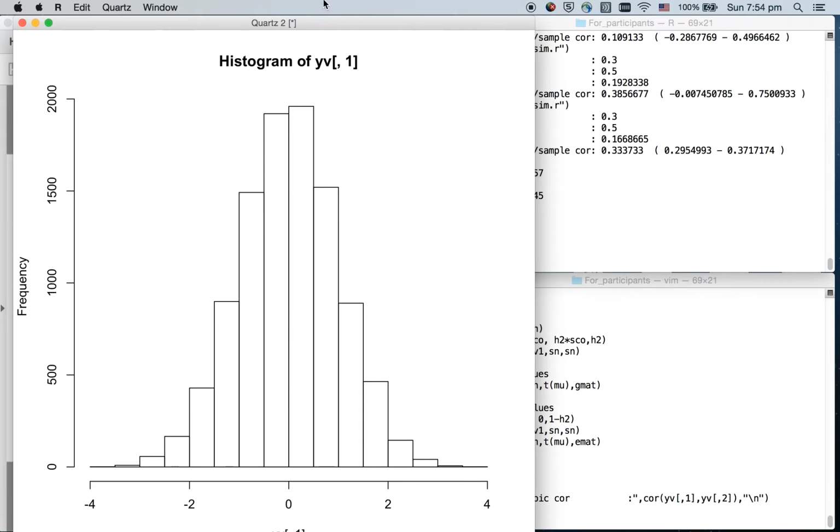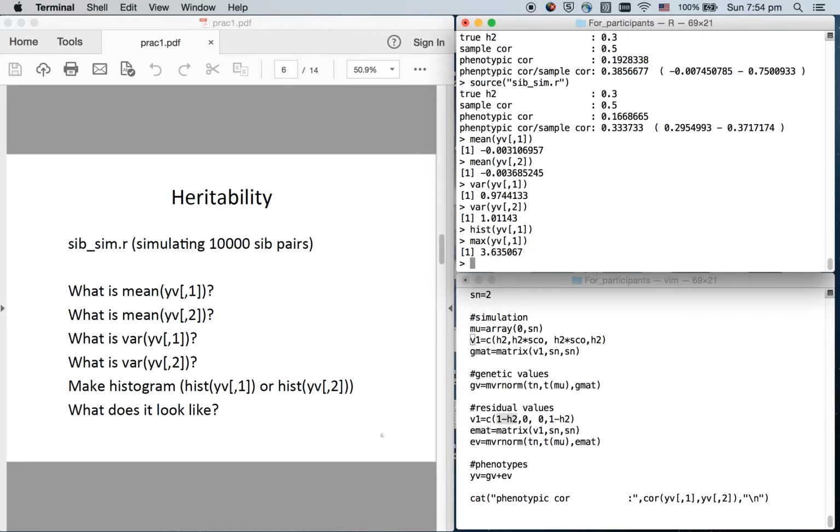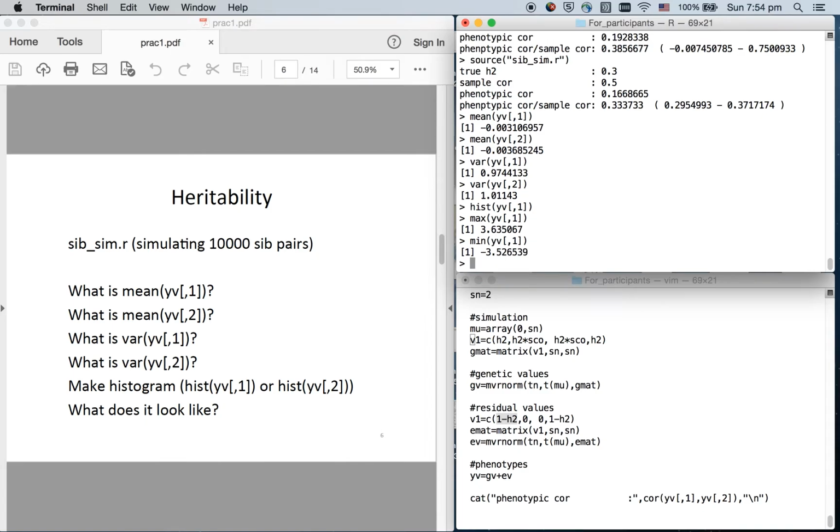Okay. So also you can have a look at what is the maximum number for the y1, the first SIP's phenotypes. That's 3.6. What is the minimum value? That is minus. Then also this is 10,000 records for each SIP.